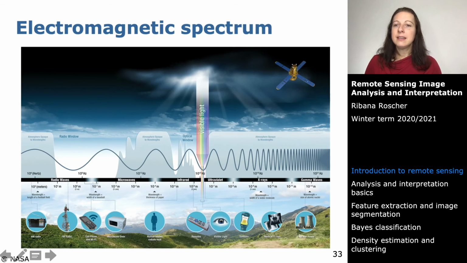So illustrated here is a nice figure which summarizes the full range of the electromagnetic spectrum. Illustrated here are different wavelengths ranging from radio waves to gamma waves. And a small part in this spectrum is the visible light. And this is the part we can see. And when you compare it to the whole spectrum, you see it's unfortunately only a small part.